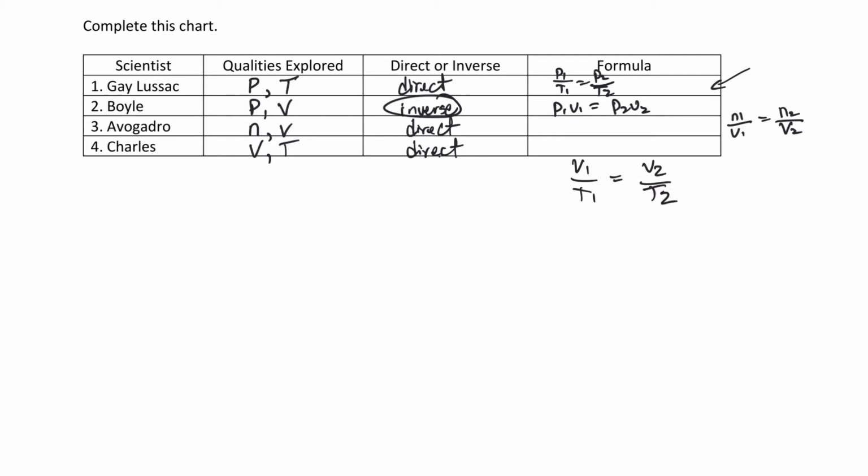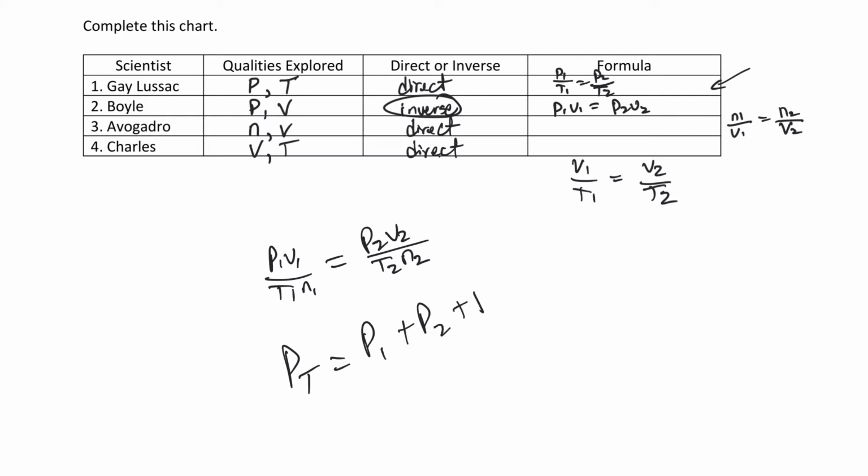Now we also have a combined gas law, that's P1V1 over T1, and I guess you can put an N there too, equals P2V2 over T2N2. So there's a combined gas law, not a real name that goes with that one, like a person's name. We also have Dalton's law of partial pressures. So the total pressure in a container is equal to the pressure of each gas separately added up.